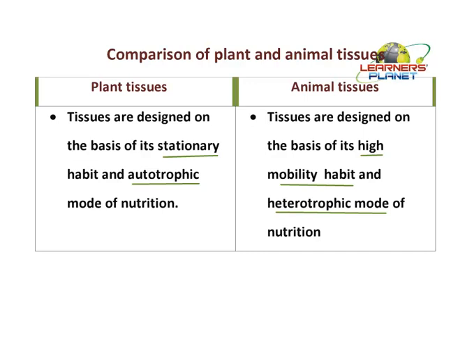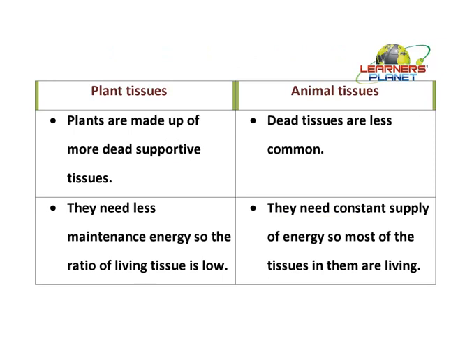So according to these two habits, that is the property of movement and the property of nutrition, the tissues are designed basically. Next point is that in the case of plants, tissues are made up of dead and supportive types of tissues. We said that plants are stationary, they cannot move from one place to another.